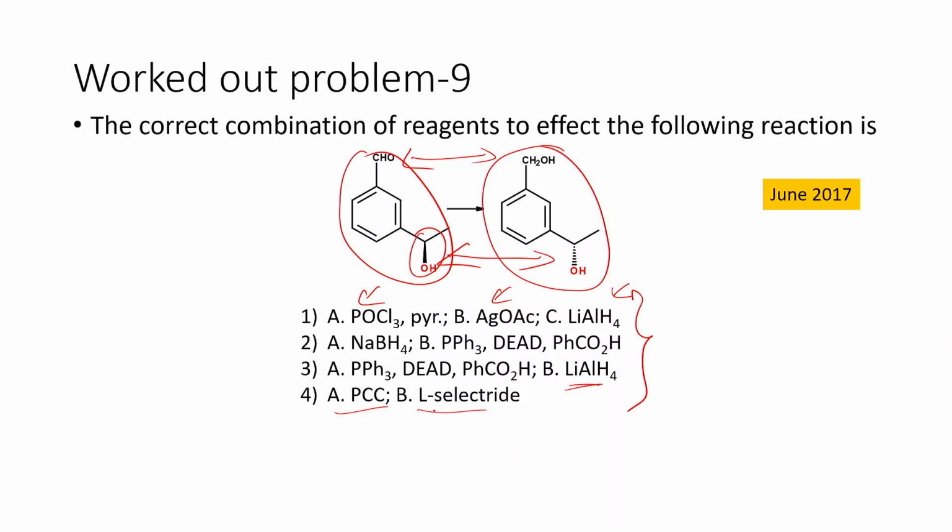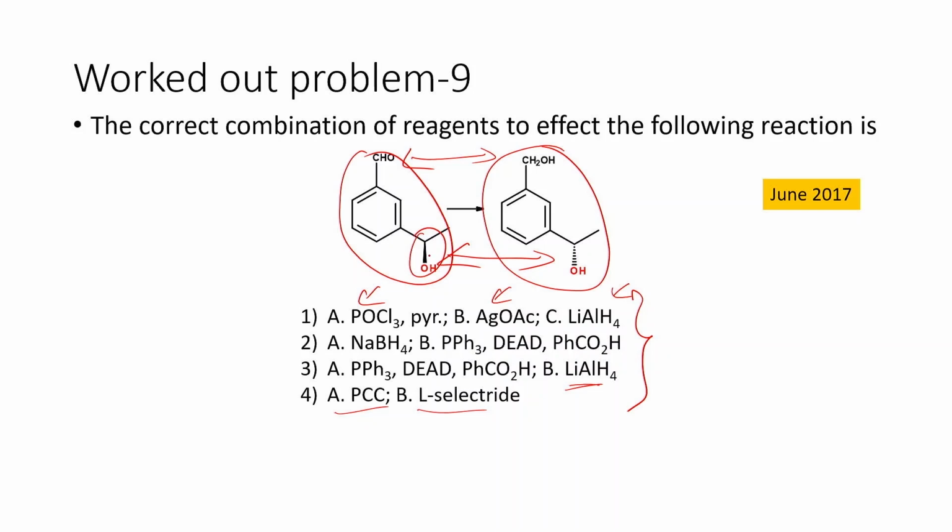If we look at PCC, the PCC will actually oxidize the hydroxy compound to the ketone unit, and the L-Selectride selectively reduces the carbonyl compound. So we can look at all the possible combinations that are happening, and based on that we will have to identify what is the reaction that is happening.